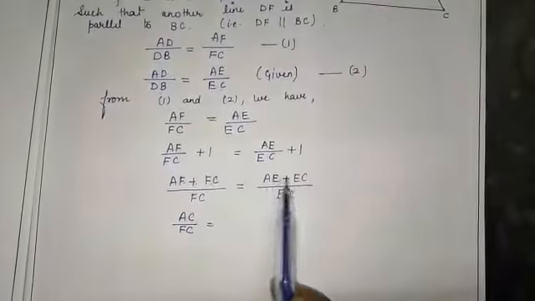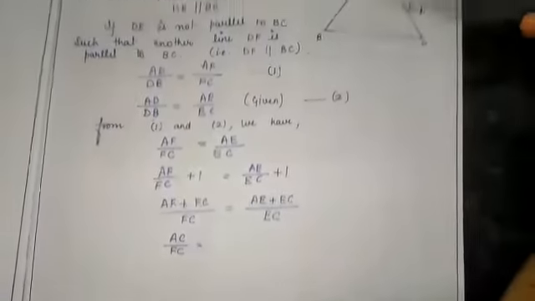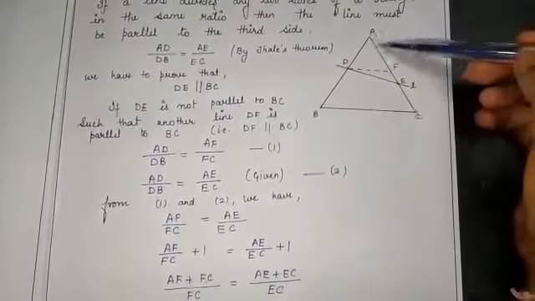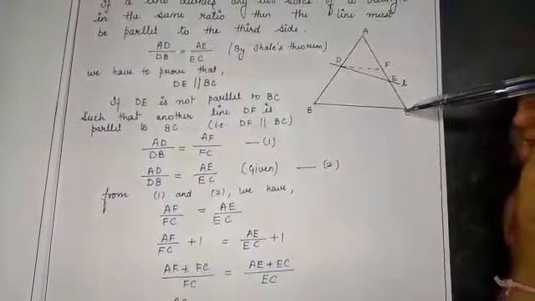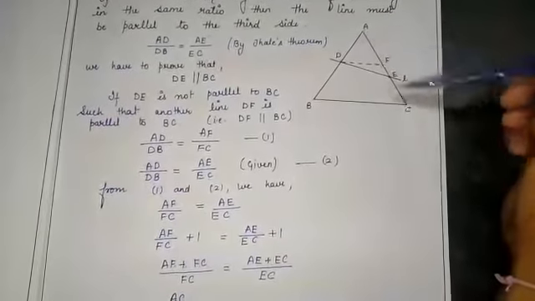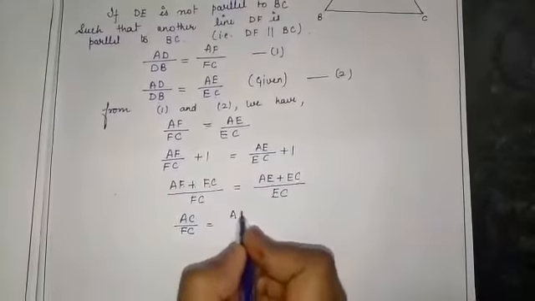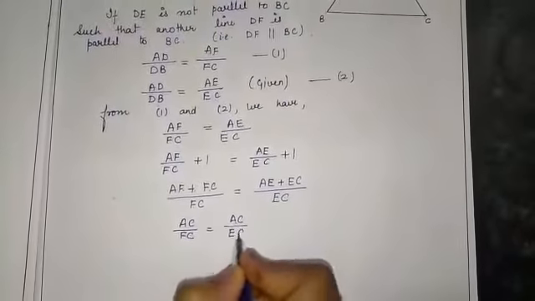Similarly, AE plus EC is also the side AC, so it is also AC upon EC.